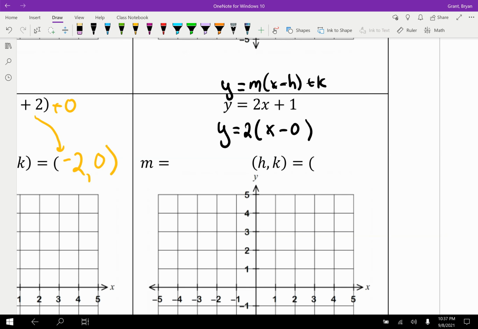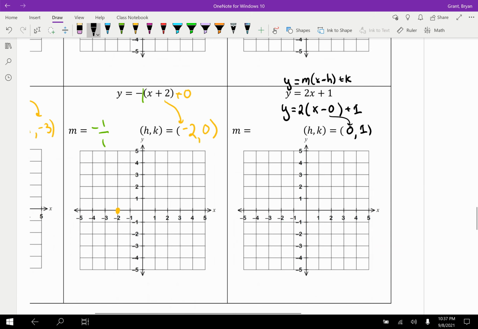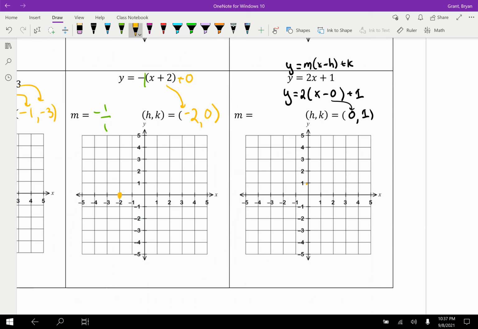But then you might be saying, well, what about the +1? Just put the +1 at the end. 2 times x is 2x, 2 times 0 we don't need to write, and then there's just the plain old 1 at the end. So this is actually HK form. We can do the opposite of -0, which is 0. Doesn't really matter. And then we have 1. So my point is 0, 1, and you were correct. The slope is up 2 over 1.